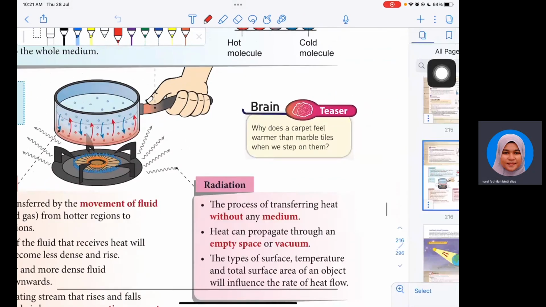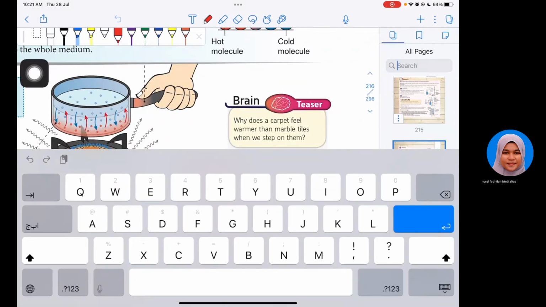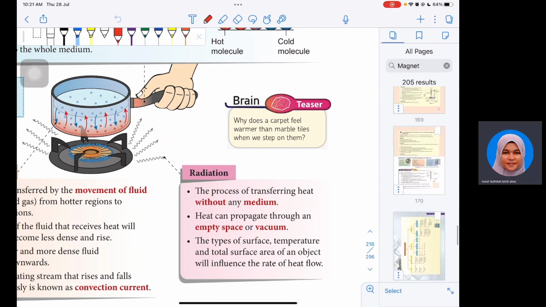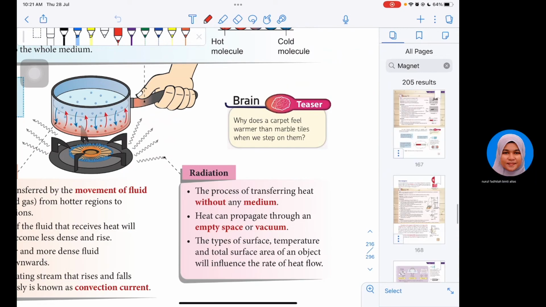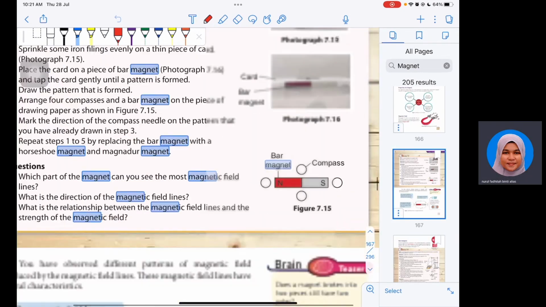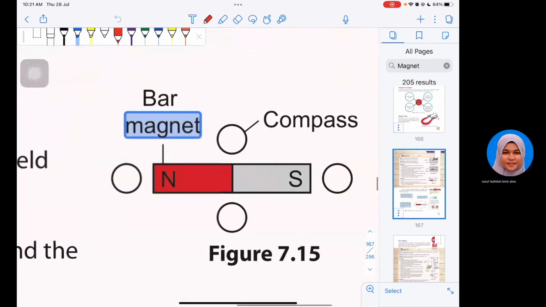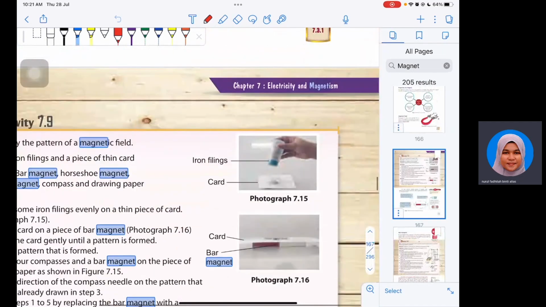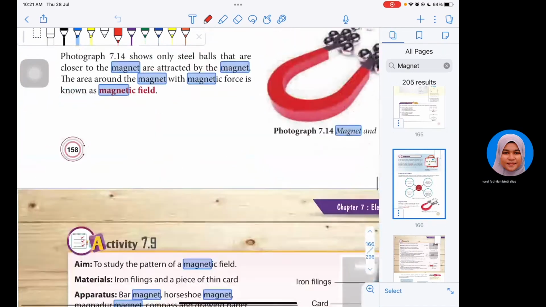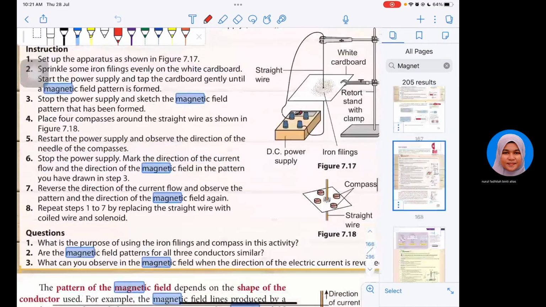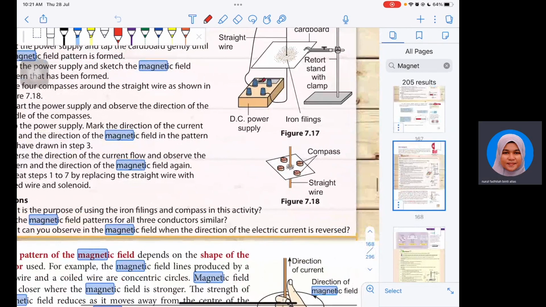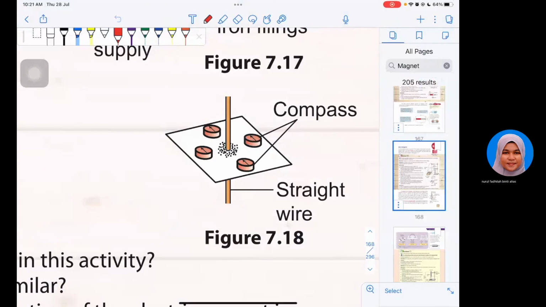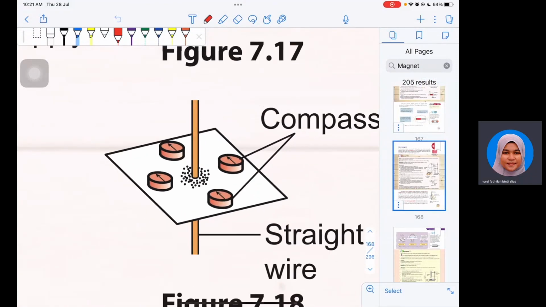Sekejap saya search. Magnet. Ni ah. Awak ingat tak awak ada buat ni? You letak magnet-magnet dekat sini.